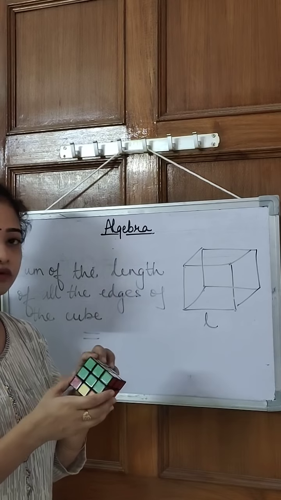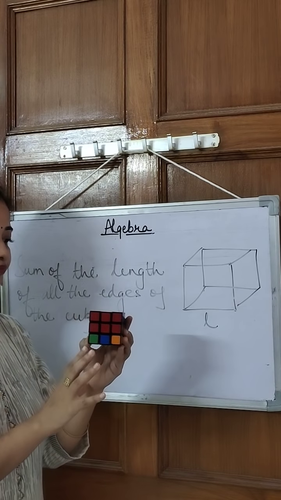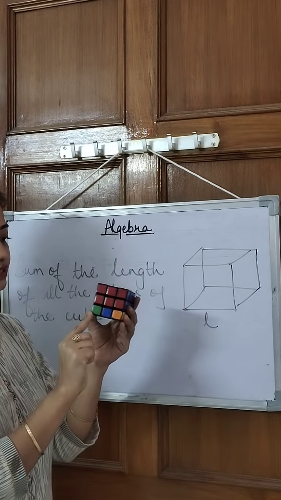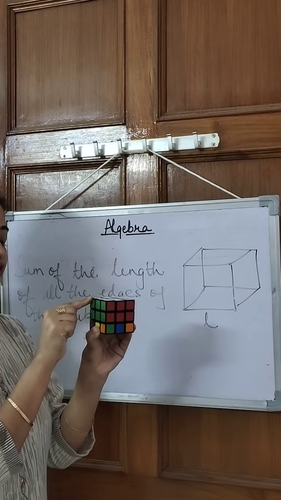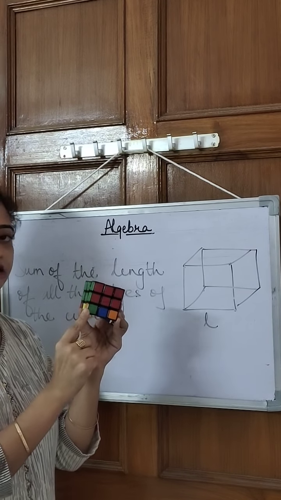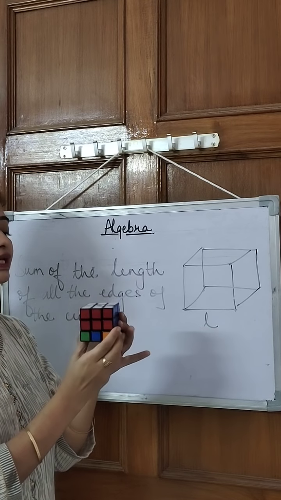Okay, so let's count how many edges are there. Edges are these sides that are given here.